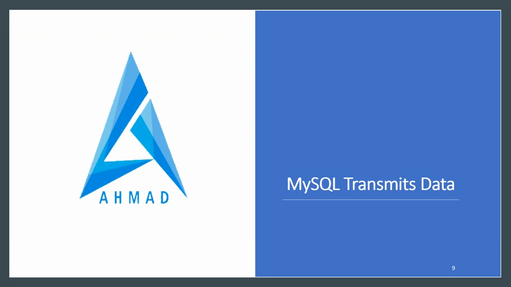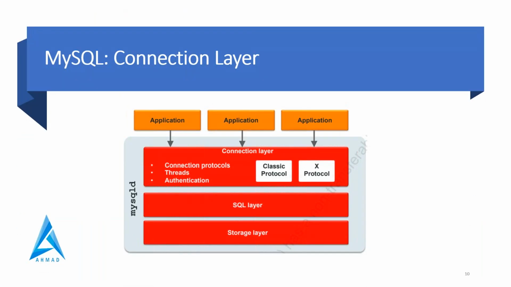Now, how does MySQL transmit data? The connection layer component is very important here. It is the first stage, and it contains connection protocols, threads, authentication, and protocols like the classic protocol and X protocol.